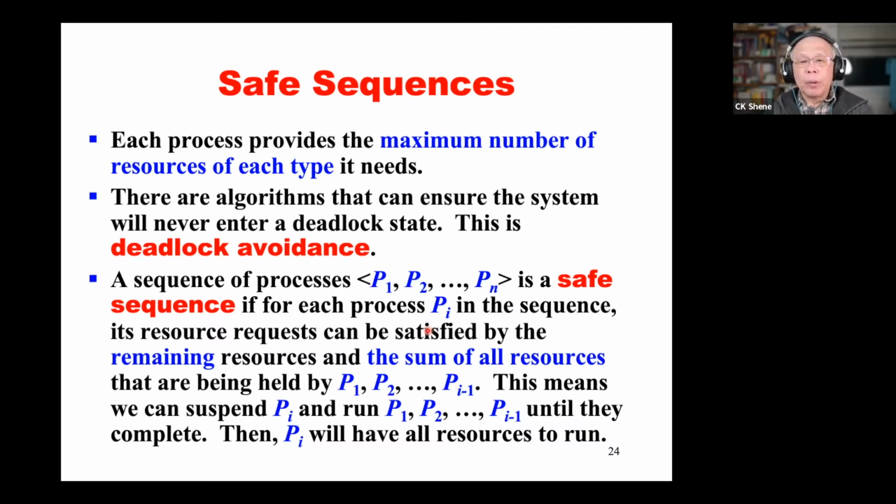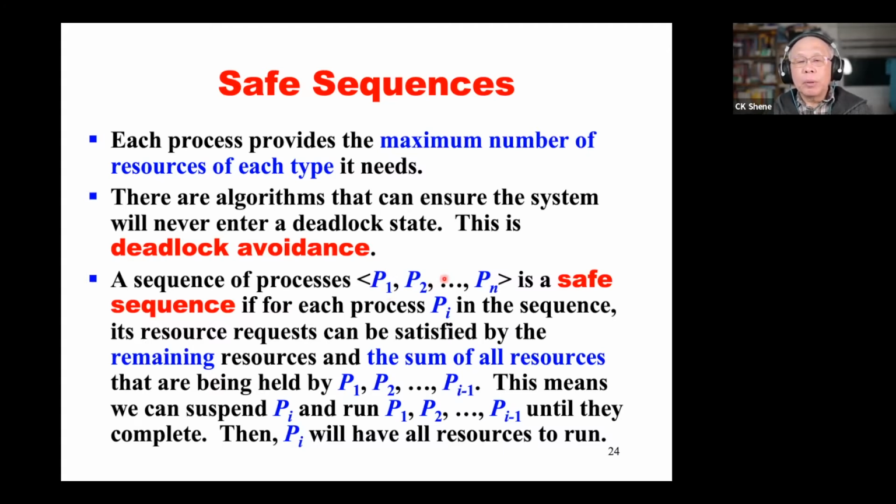For an example, P1, no problem. P1 does not have any processes before it. So if P2 is here, it means the currently available resource plus the resource being held by P1 is good enough for P2.